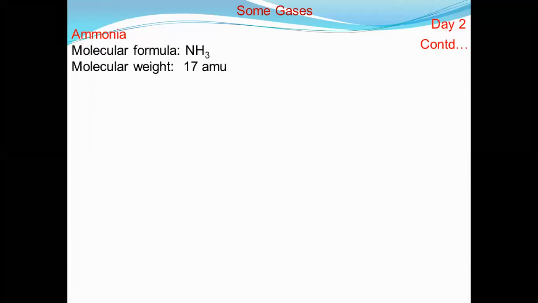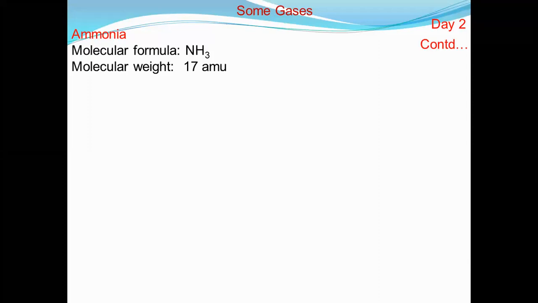So ammonia, you are all well known about ammonia. The molecular formula is NH3: one atom of nitrogen and three atoms of hydrogen combine together to form an ammonia molecule. Both nitrogen and hydrogen are non-metals and they form covalent bonds between them.